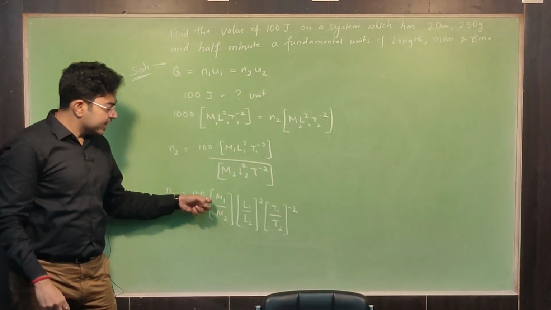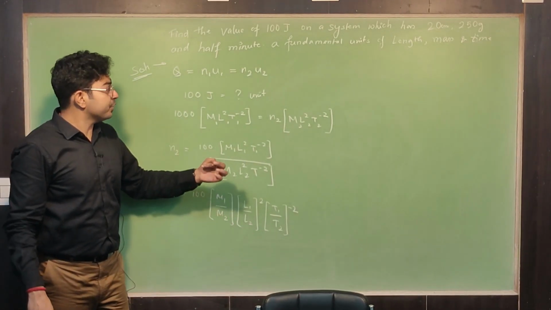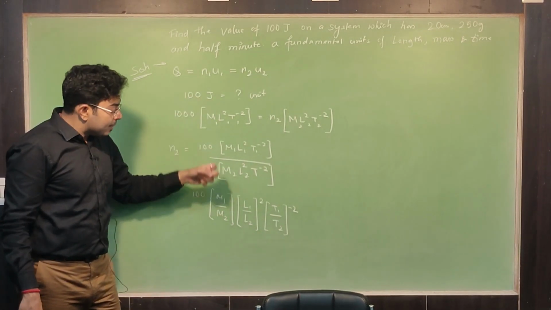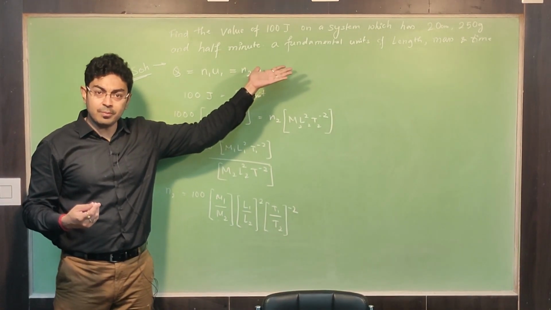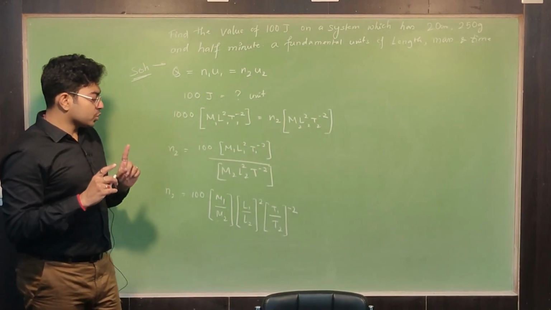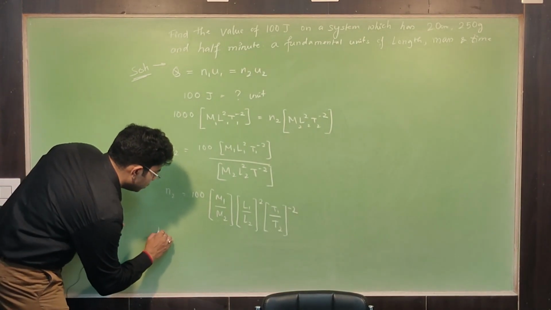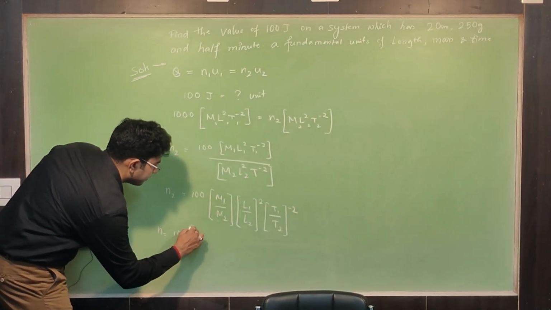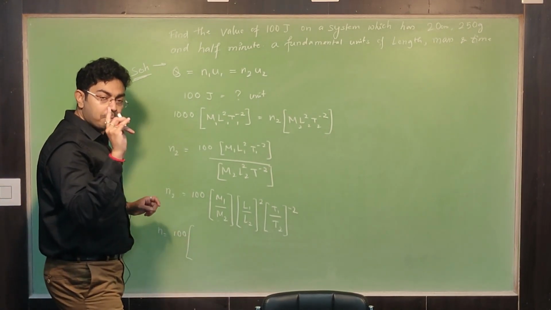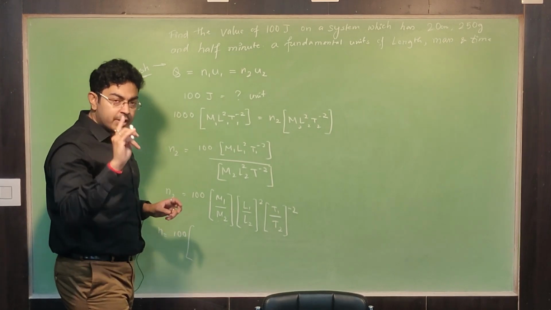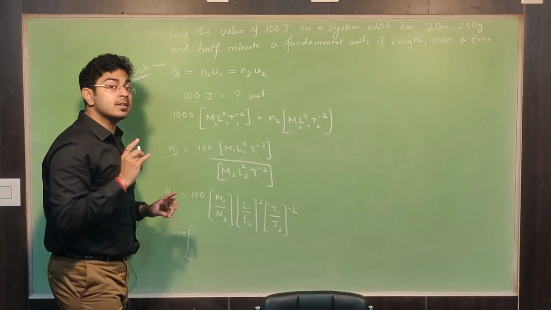Now from here, what is M1? It is in which standard unit? This is SI unit. But M2, it is in which unit? Given specified unit, I don't know. Now the important part is over here, N2 is equal to 100 into M1. I can write the standard value of mass in SI unit, that is 1 kg.